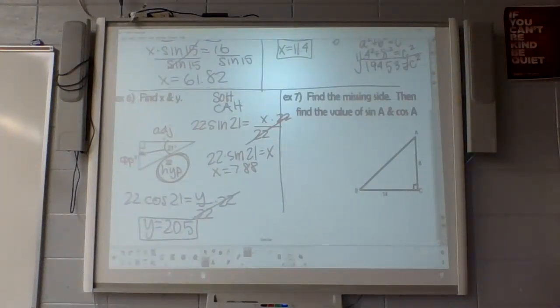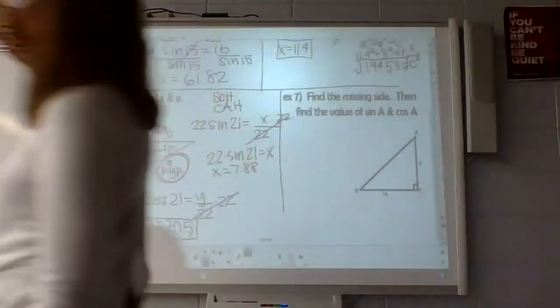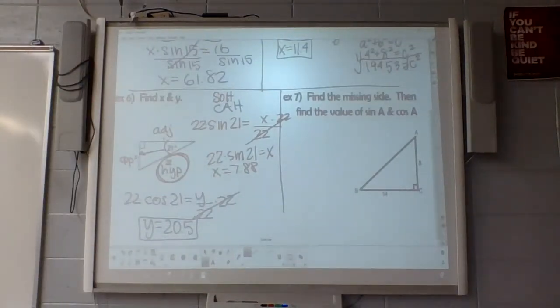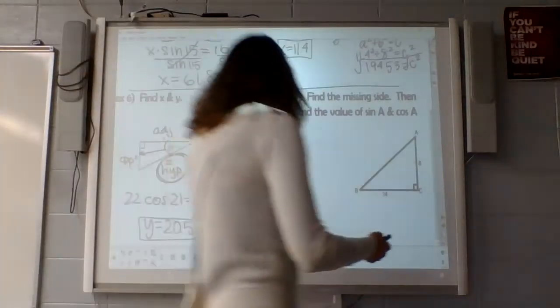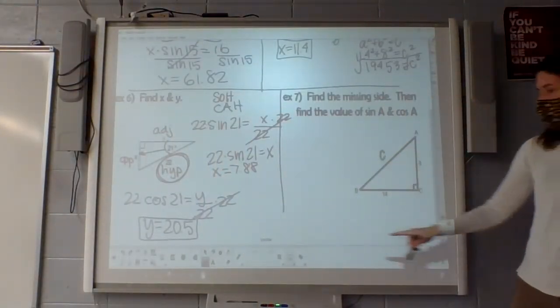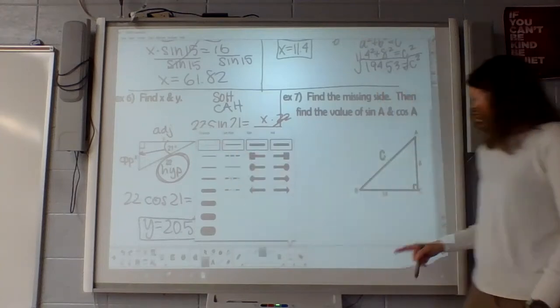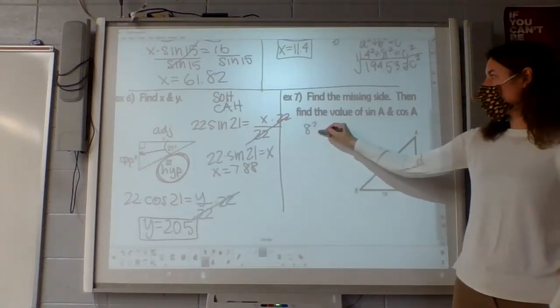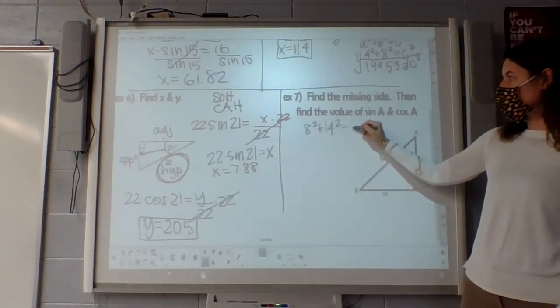Now, in example 7, we have to find the missing side first. And in order to do that, we can't use trig. We don't know any angle. So if we don't know an angle, we're going to have to use Pythagorean theorem. So we're going to do a squared plus b squared equals c squared for this. So here's my c. So 8 squared plus 14 squared will equal c squared.